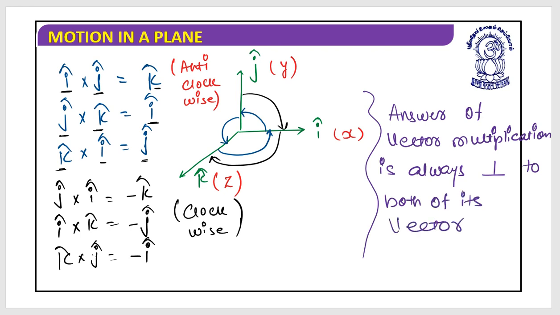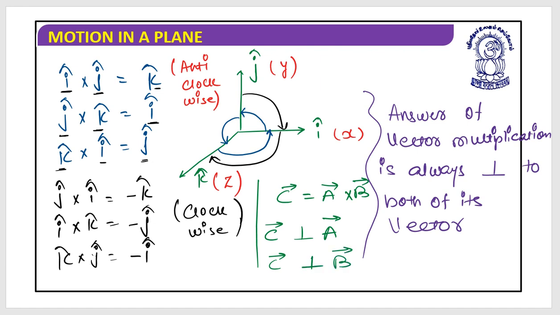This is true every time. Suppose I need to perform C equals A cross B, then I must know that my vector C must be perpendicular to vector A, and my vector C must be perpendicular to B. This is always the case.